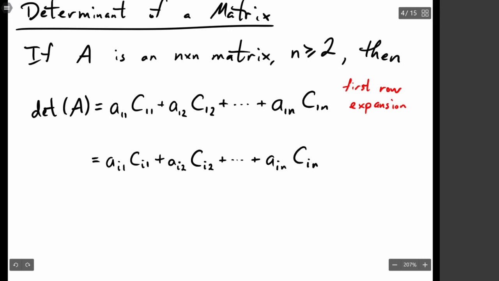Right? This here would be an ith row expansion. Remember how we went through the entries in the first row before when we did the computation? We can use any row and just move through the entries, take that entry, multiply it by its cofactor.